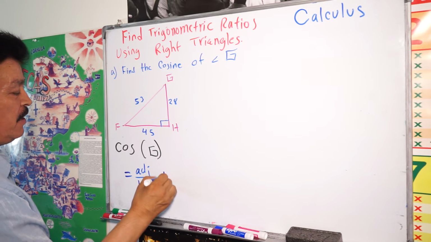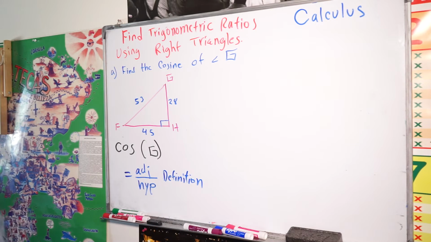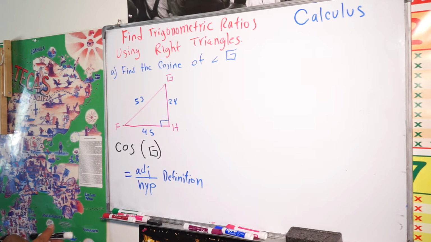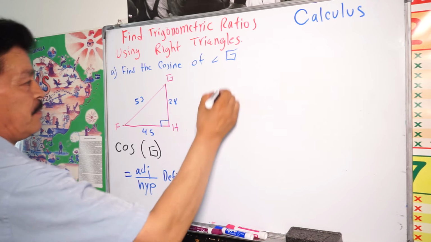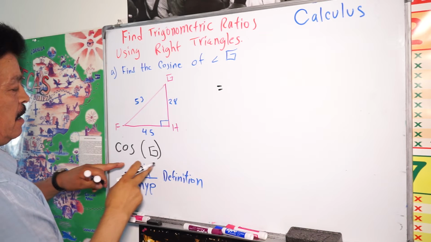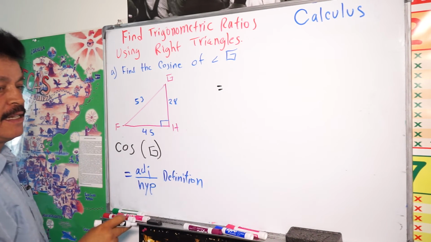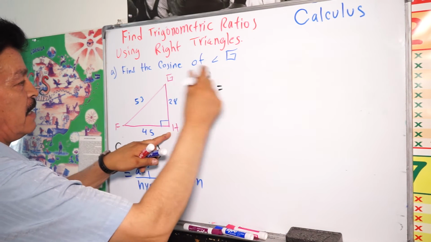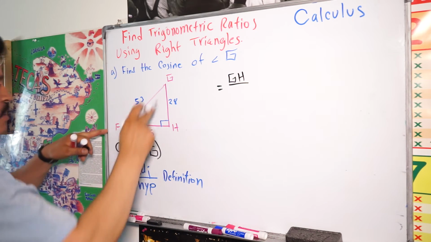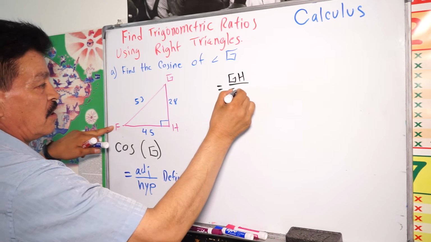This is the definition. Next step, this is going to be equals: the adjacent is GH, so GH divided by the hypotenuse. The hypotenuse is FG.